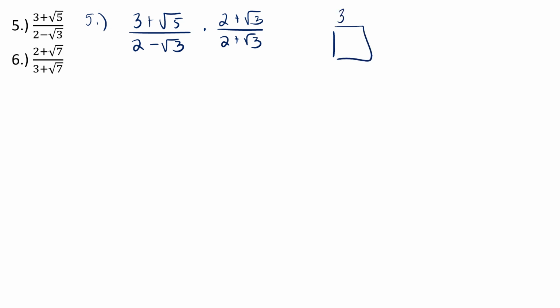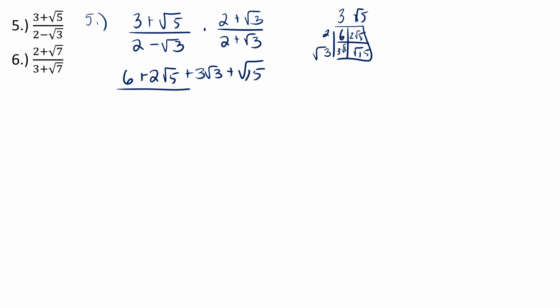I have 3 plus root 5 times 2 plus root 3. So that's 6 plus 2 root 5 plus 3 root 3 plus root 15. That looks actually pretty promising in that there really is not anything we can simplify, which is where it really starts getting super annoying, when you've got all this simplification you can do.